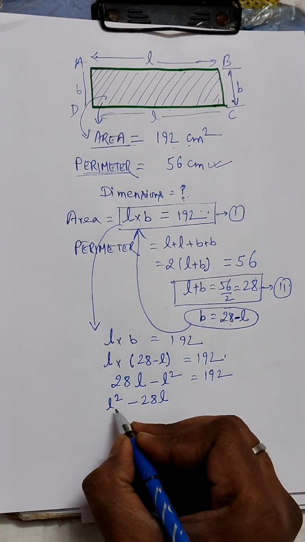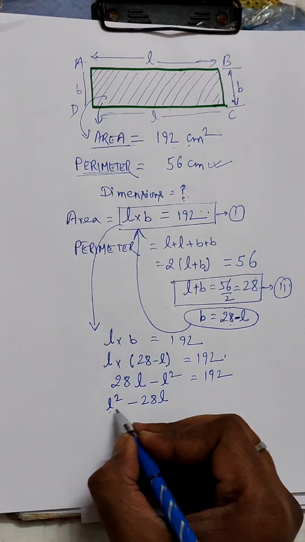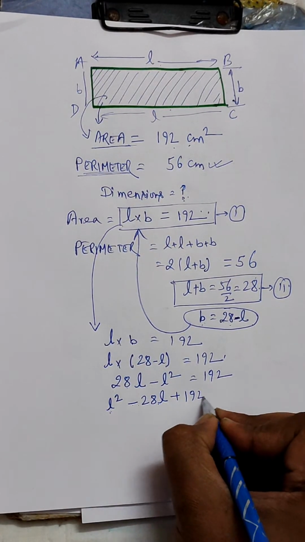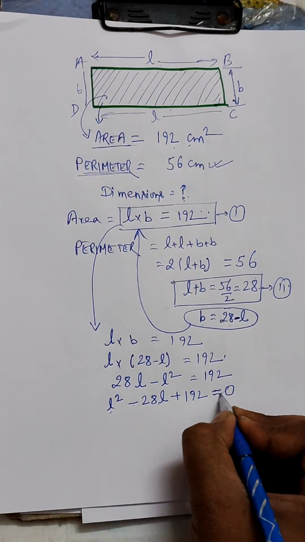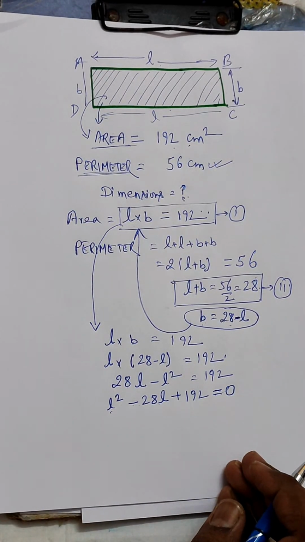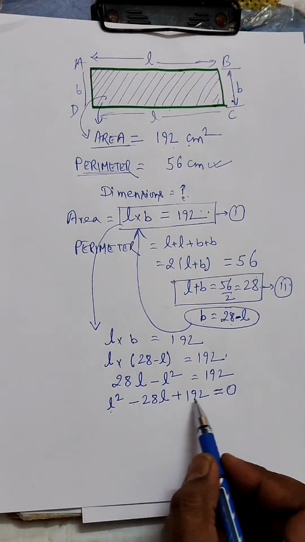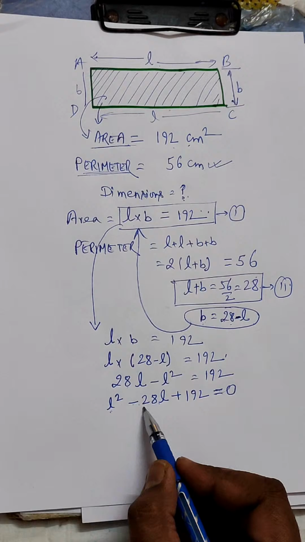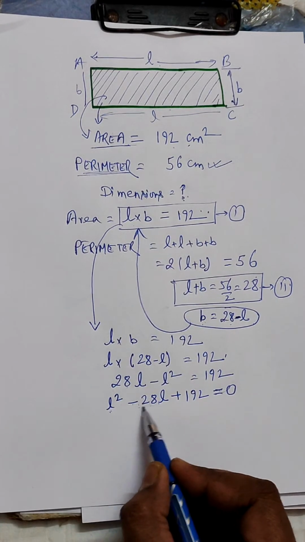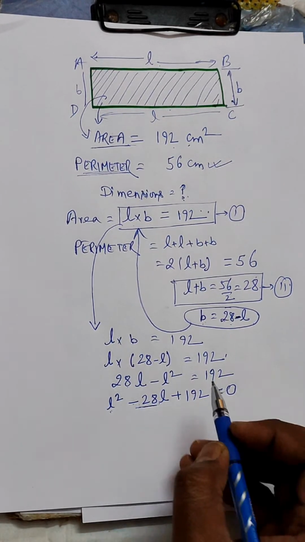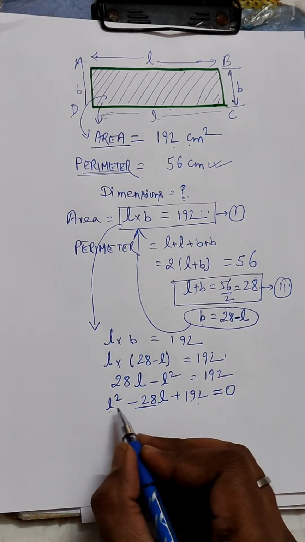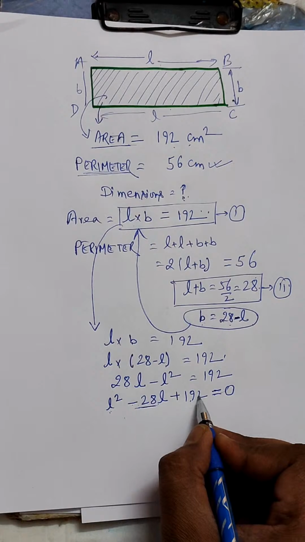So we are having the equation L square minus 28L plus 192 equal to 0. What we can do now? This is a quadratic equation, right? In L. So just split the middle term, right? So the middle term can be split as the product of first and last term. We need to calculate the factors of that.